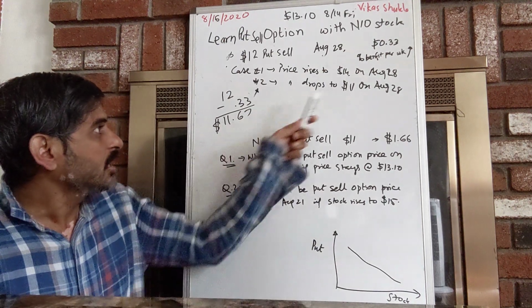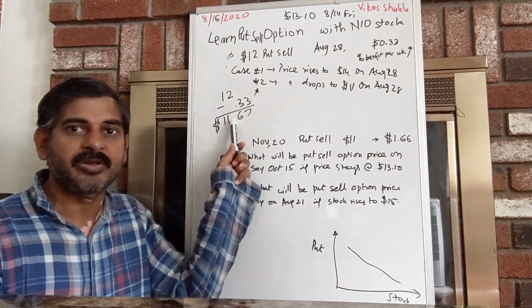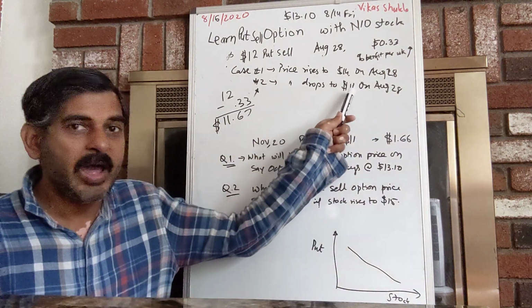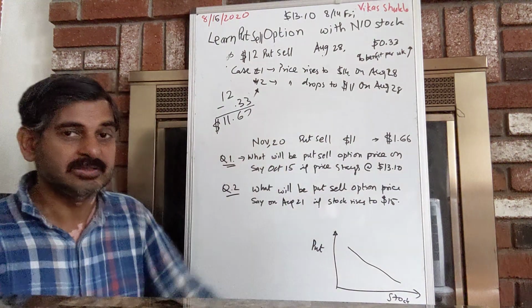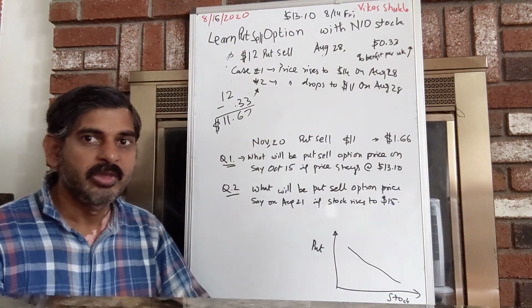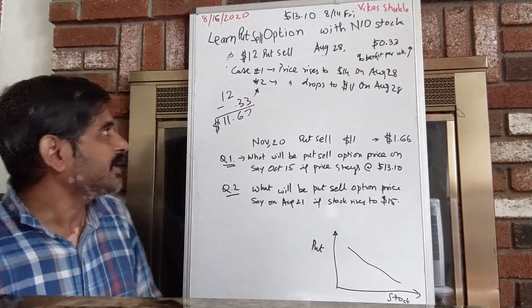Now, because you have a break-even price of $11.66, your loss is only 67 cents. I hope it's making sense to you and you are able to understand it.